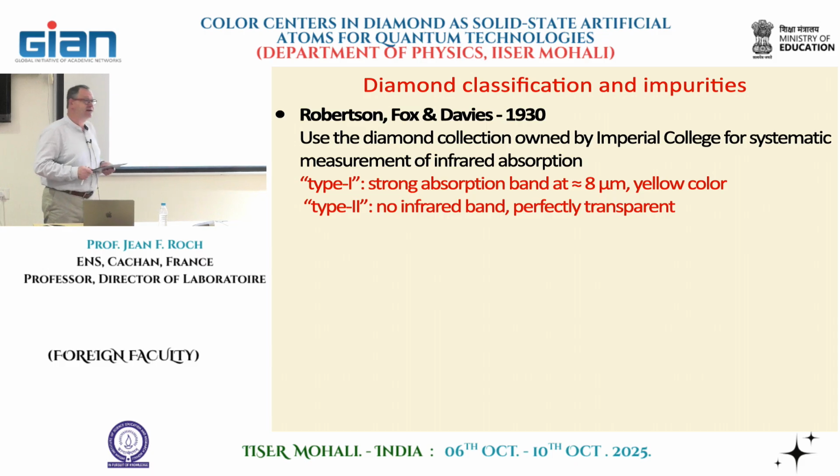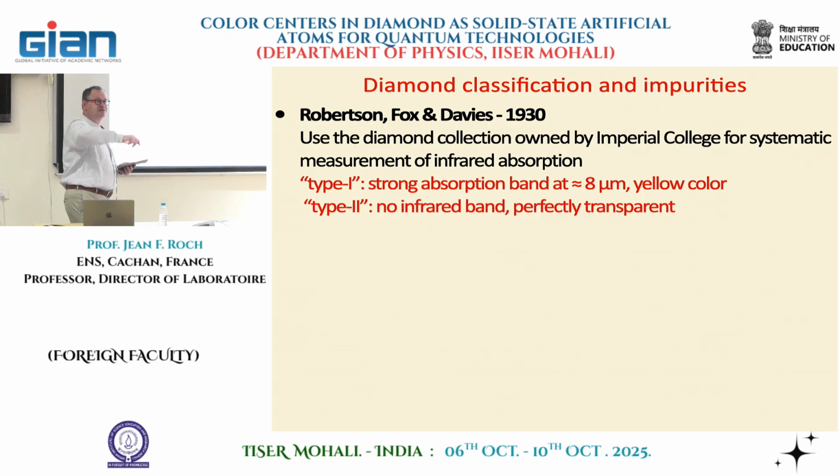And then they found that there were two main categories, and they gave them different names. Type 1 diamonds exhibit a strong absorption band at a wavelength of around 8 micrometers, and that is also associated with the yellow color I showed you before. And in type 2 diamonds, this infrared band does not appear at all.